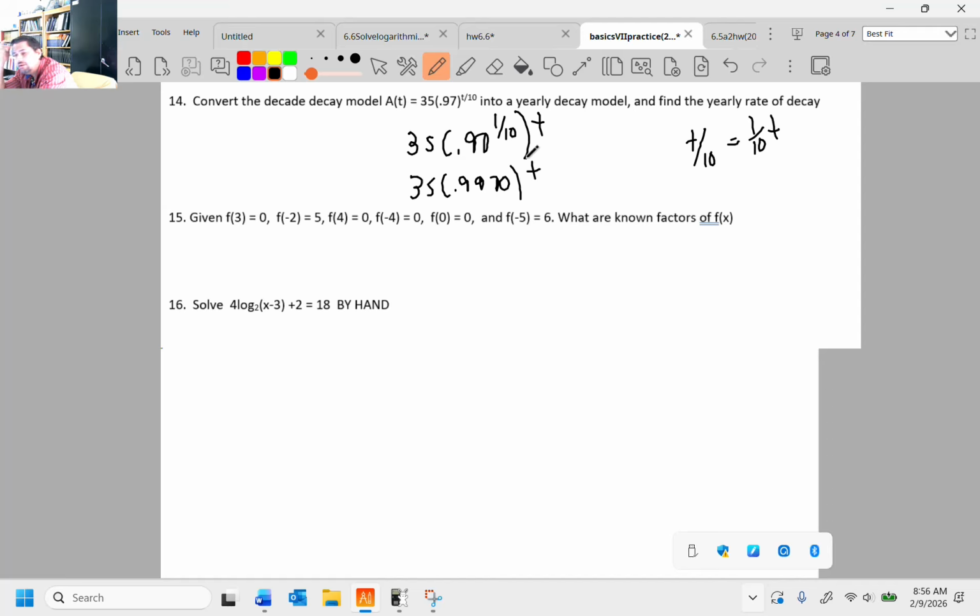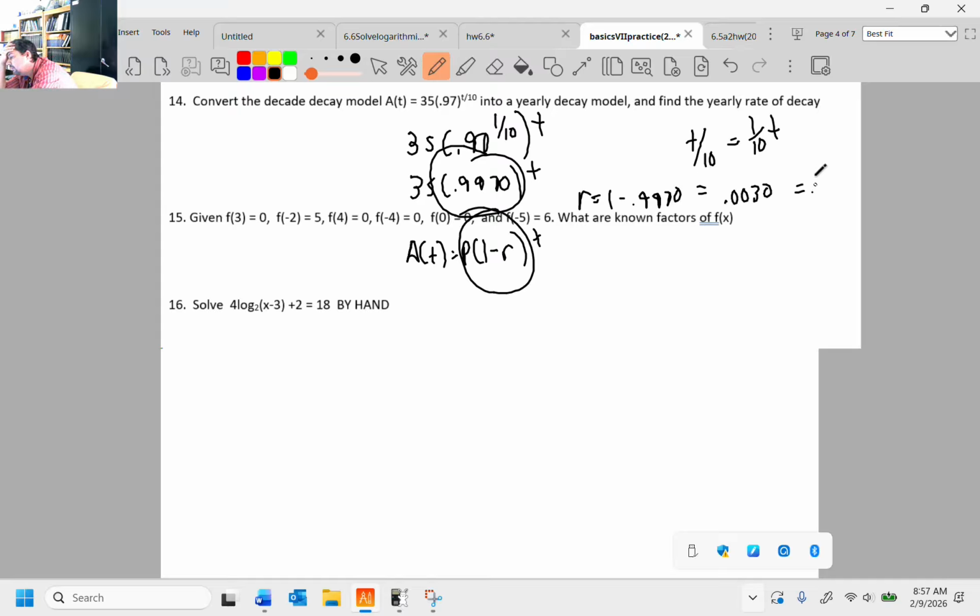And now it's a yearly model because it accepts time in years. Now your decay rate lines up with the P times 1 minus r to the t. See how these two pieces line up? So all I have to do is take this away from 1. r is 1 minus 0.9970, which is pretty small, 0.0030, which is going to be 0.3% per year.